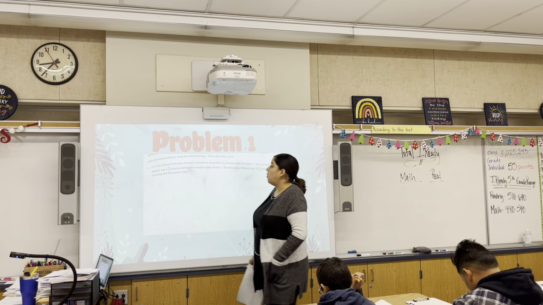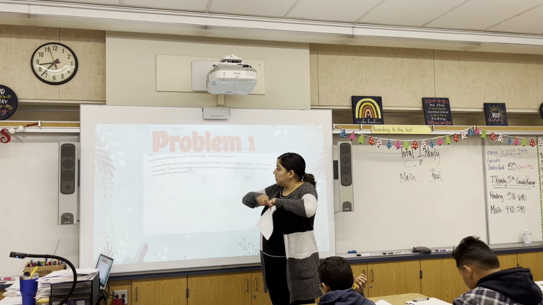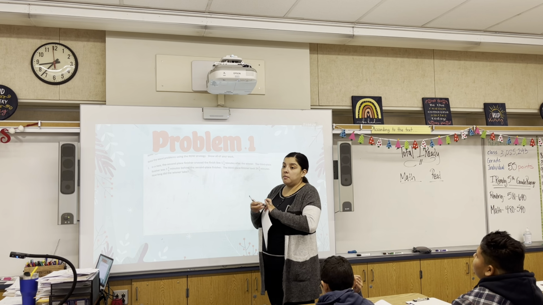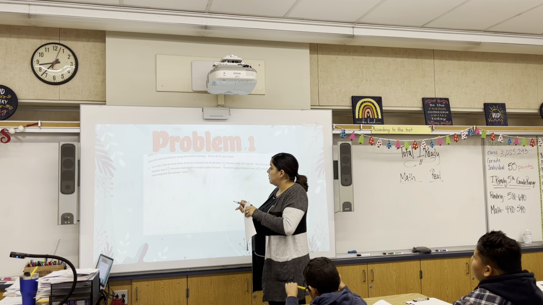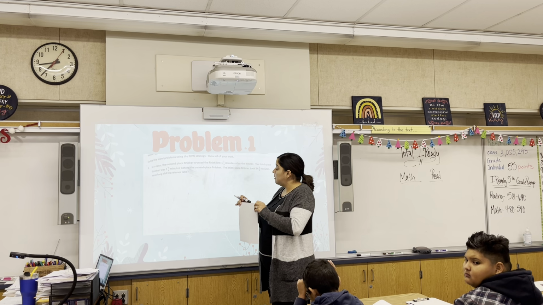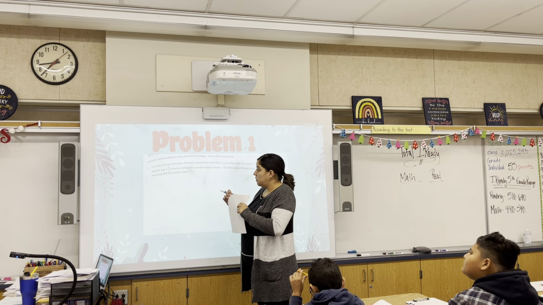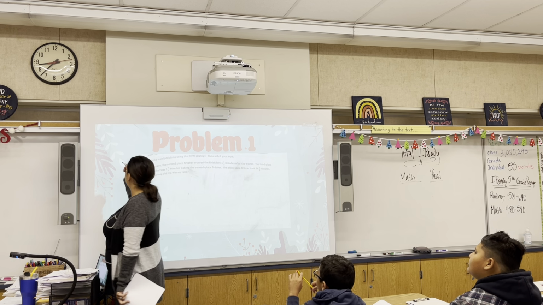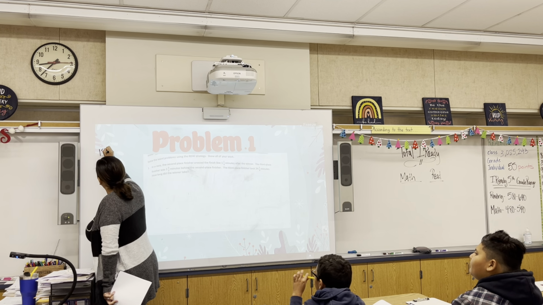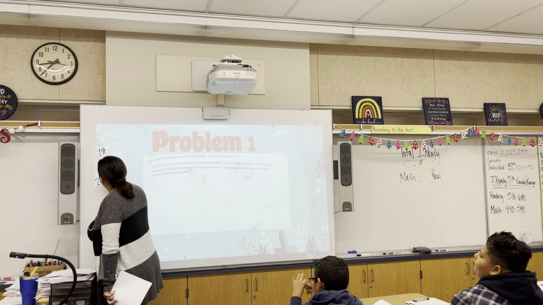Okay, so what do we know? What do we know first? Sean? The second place finisher crossed the finish line 1 1/3 minutes after. Okay, good. So we know that we have 3 racers, right? So we have the first, we have the second, and we have the third.